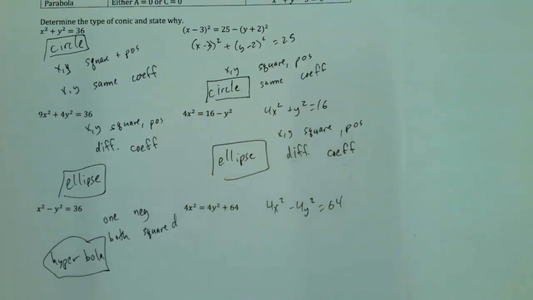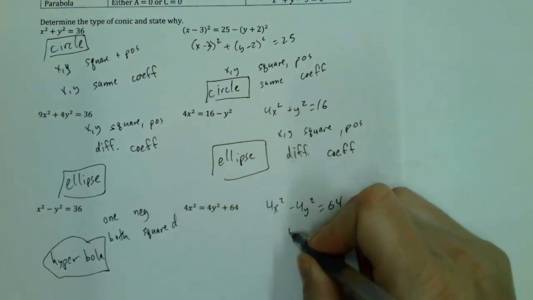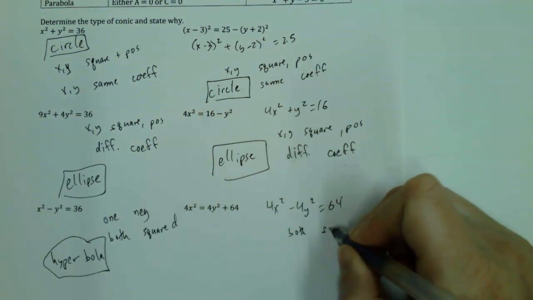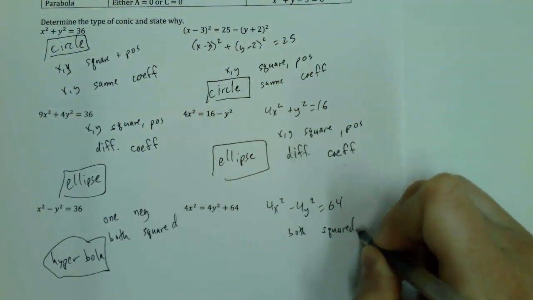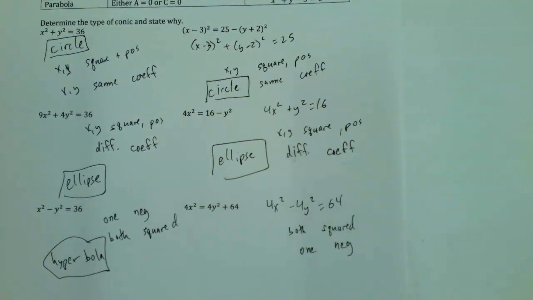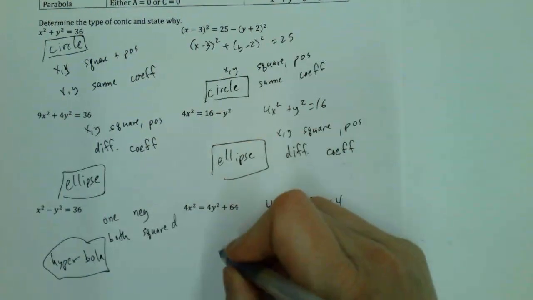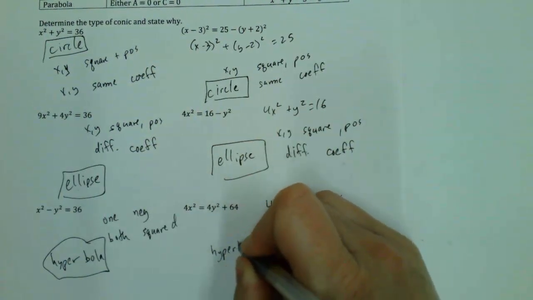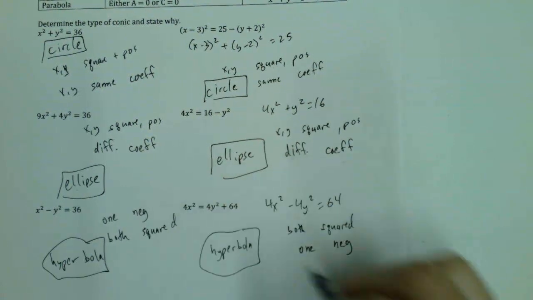We can see the same case here. So they're both squared, but one of them is negative. And again, it does not remotely matter. These are both with the y that's negative. Doesn't matter which. If one of them is negative, this is going to be a hyperbola.